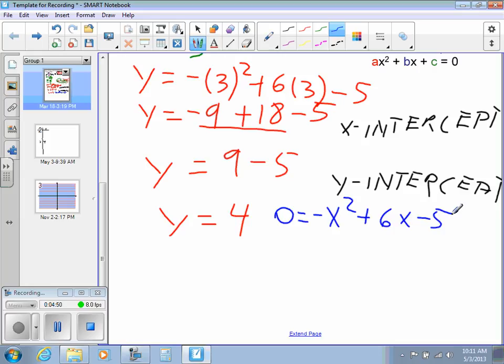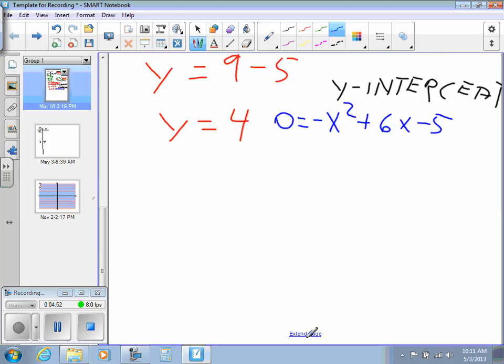This is not a special product, so I get to use the box to factor and solve. So let's see here. We'll draw our box, and I better leave myself a touch more room than that. And to make this easier to do, I'm going to factor out a -1.